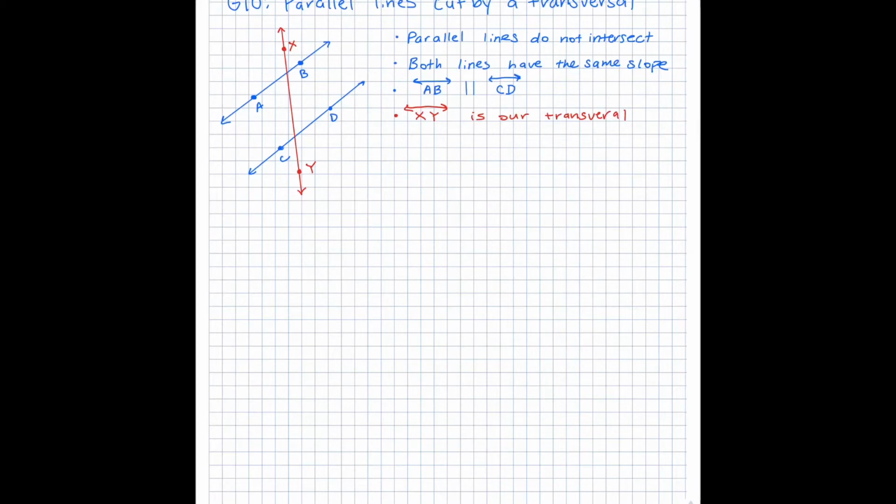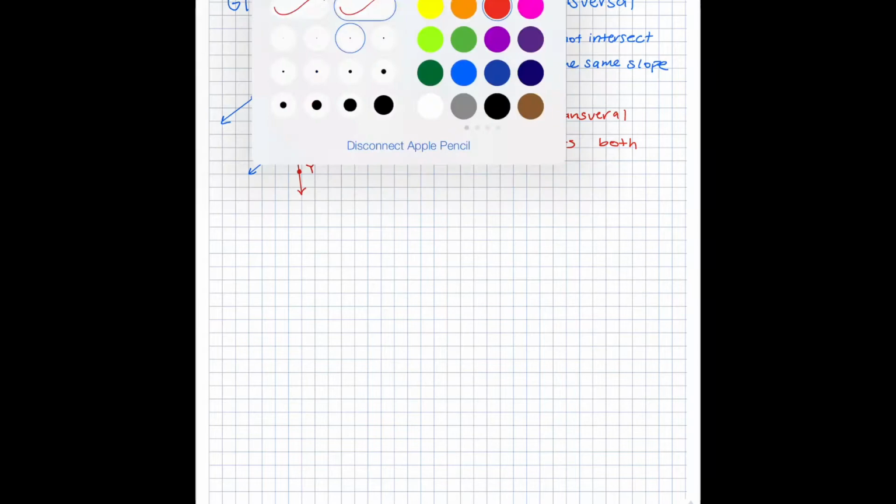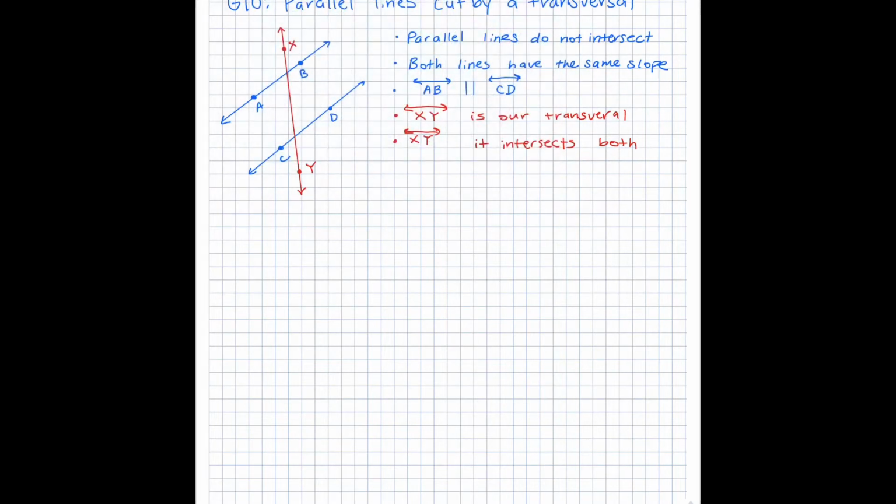And what line XY does is it intersects both lines AB and CD.